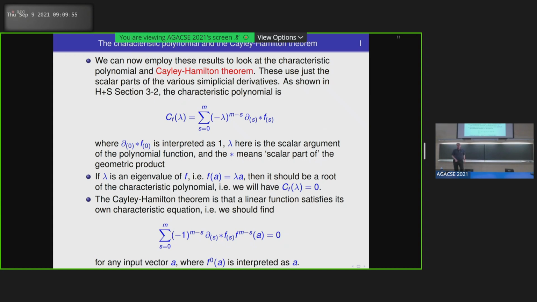So in particular, you should find that if you take the linear parts of these simplicial derivatives and use them as coefficients in an expansion in powers of f, where we're taking f to the power n minus s instead of lambda here, the minus one having been stripped out from just there, then this is the characteristic polynomial evaluated on f, and that should give 0 at any input vector a.